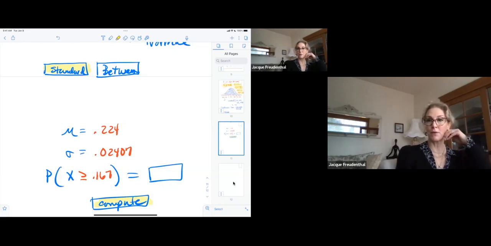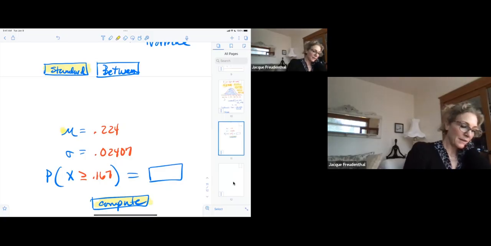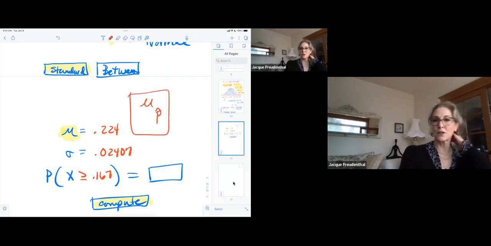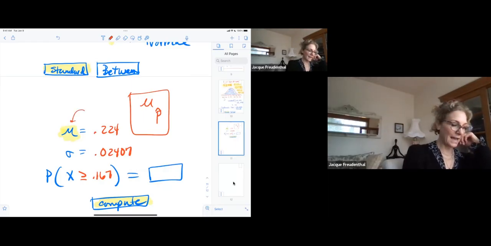We're talking about proportions here. So normally if we're looking at the distribution of the sample mean, we would have this notation, because we're looking at the mean of the sample proportions. StatCrunch is only going to have mu. It'll only have sigma.